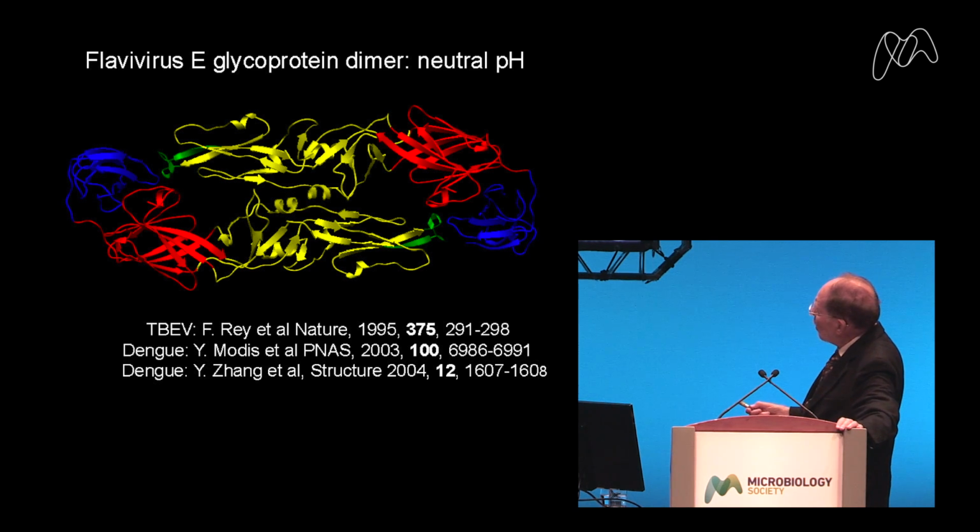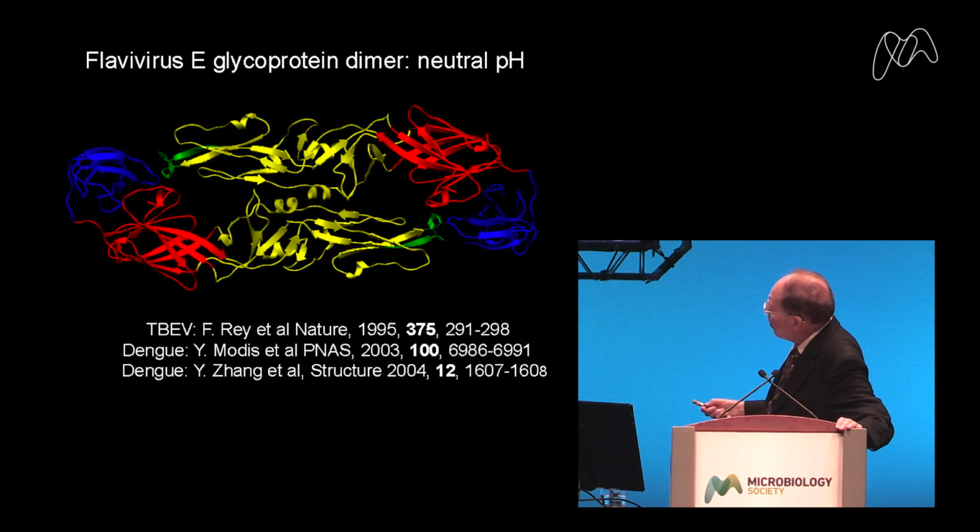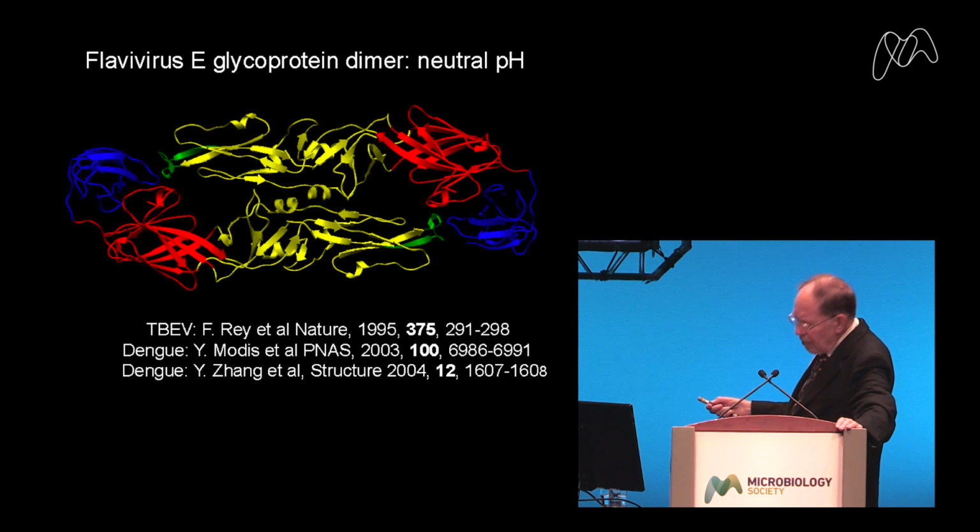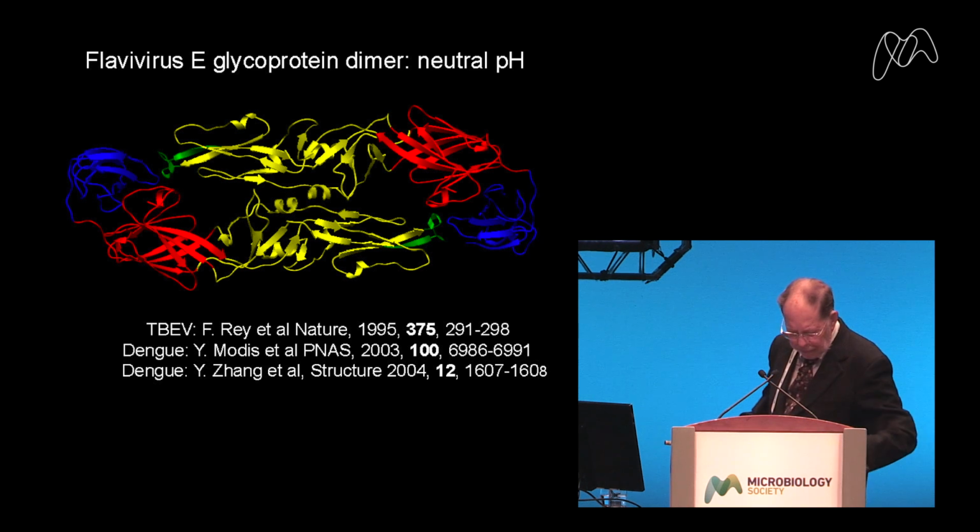He found that it's a dimer, and one monomer consists of domain 1 in red, domain 2 in yellow, and domain 3 in blue. You can also see a green part, which is about 12 very hydrophobic amino acids. These are called the fusion peptide, because they are used, through the hydrophobic part, to enter the cells of a possible host cell.